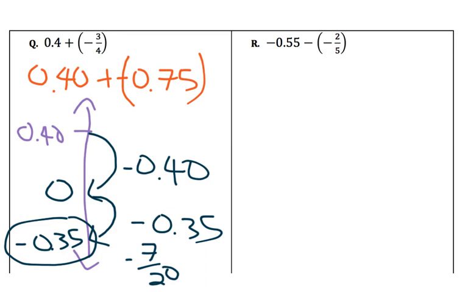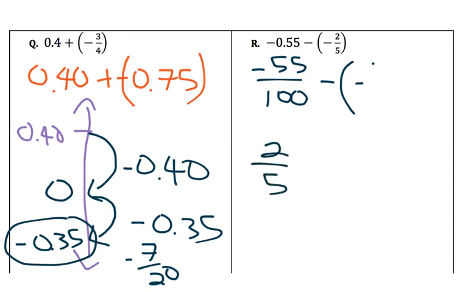Alright, and I'll show one more, and you have to do the last two on your own if you're just kind of watching these. This time I'm going to change everything into fractions. So I have -55 hundredths, I'm just going to write as -55 over 100. Then minus -2/5, but instead of writing it as 2/5, I need to make the denominators the same.